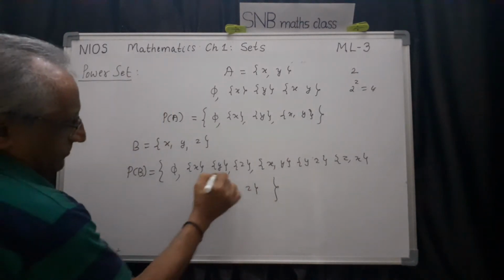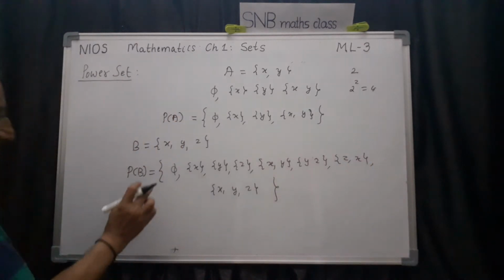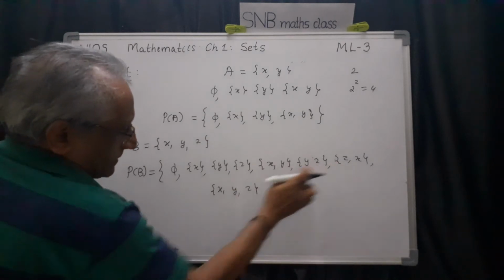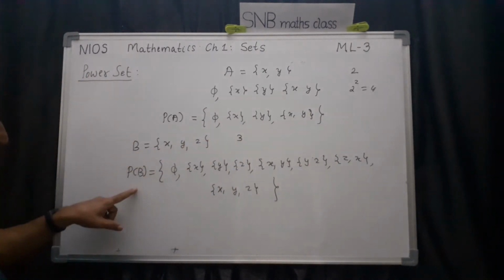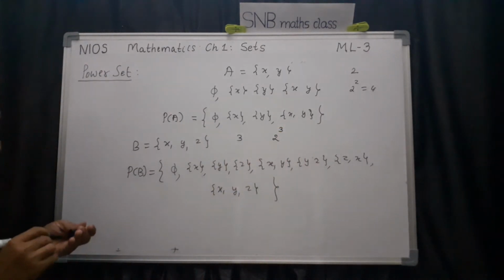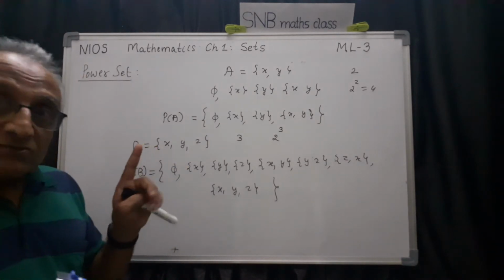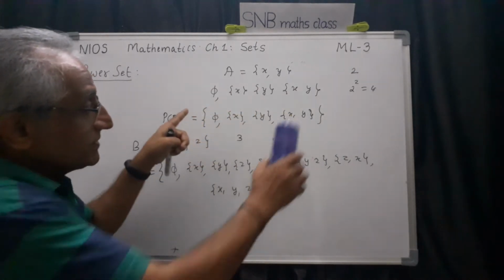So you can check now, of course, every time the elements should be always separated by comma. So 1, 2, 3, 4, 5, 6, 7, 8. Because this contains 3 elements, the power set should contain 2 power 3, that is 8. So correct. So this is how we can find the power set of a given set. That means what you have to do is, first write all the subsets, then put them in brackets.